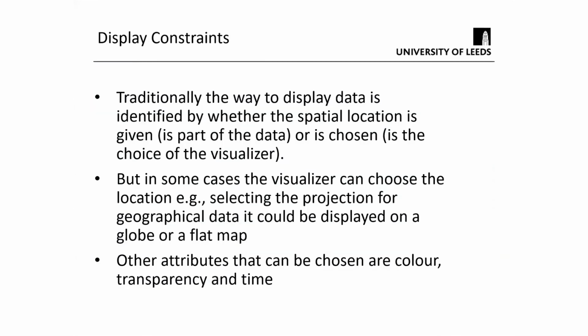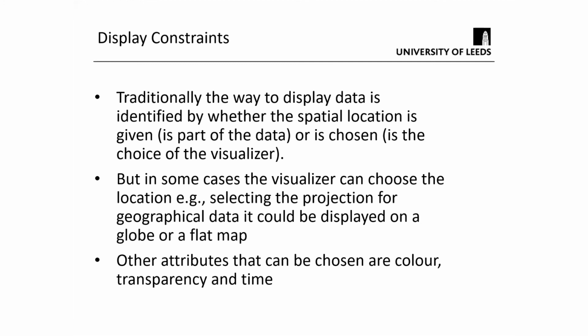You've got constraints in your display because you've just got a screen in front of you. So part of the way you can understand this is whether there's a spatial location that is important to the data, or whether the location can be completely the choice of the visualizer.